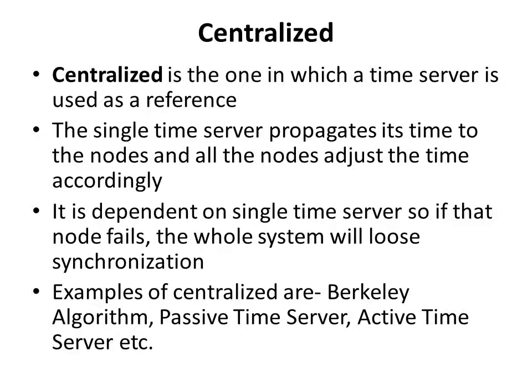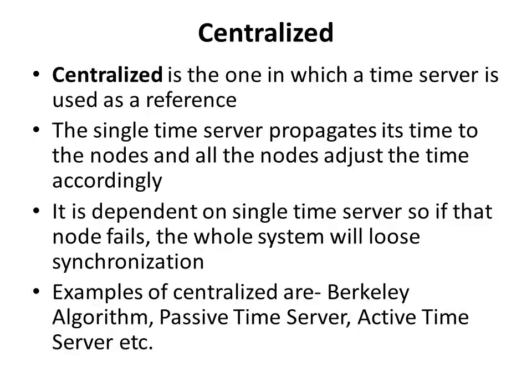A centralized algorithm is the one in which a time server is used as a reference. The single time server propagates its time to the nodes, and all the nodes adjust their time accordingly.